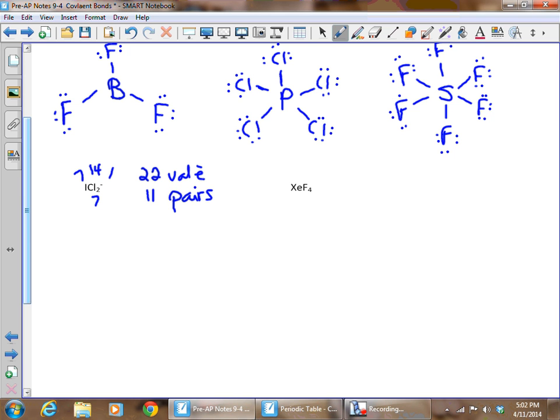So we put iodine in the middle, chlorine on either side. We've used up 2 valence electrons, 3, 4, 5, 6, 7, 8. We put them on chlorine first. And now we still have pairs 9, 10, and 11. So we've got 3 more pairs of electrons to put someplace. Remember, once we get done with the outside elements, we're going to put them on the inside.